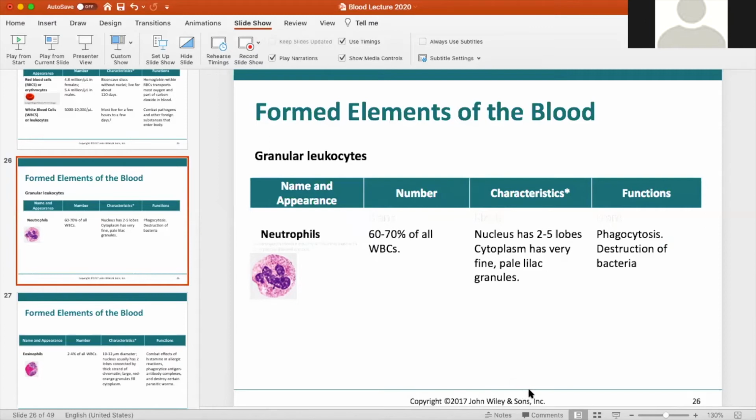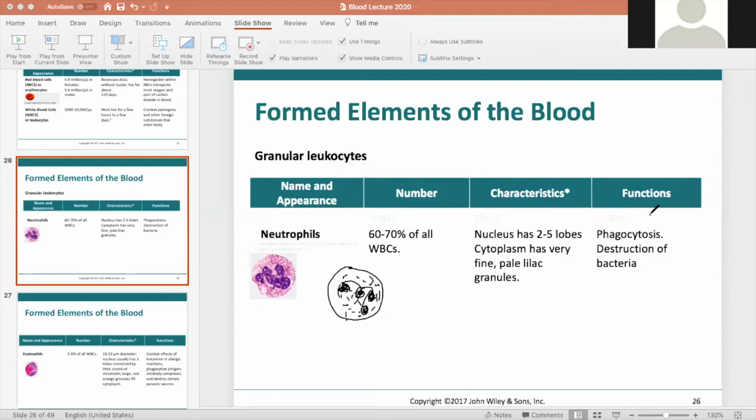So when we think about neutrophils, we think first about what they look like. If I can just draw this out, we know that they have 2 to 5 lobes, all right? So we say that they are polymorphonuclear. So neutrophils are polymorphonuclear cells. They are complete cells because they have their nucleus and some other important organelles.